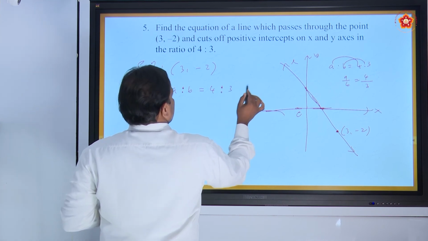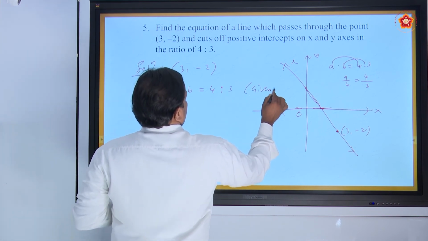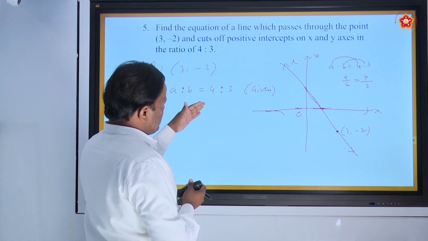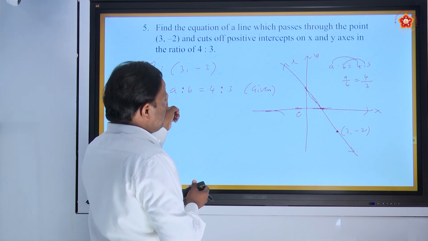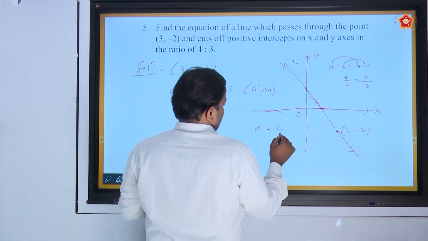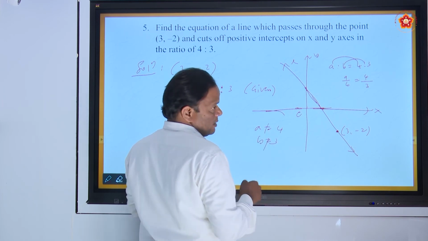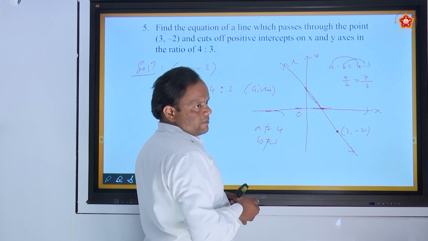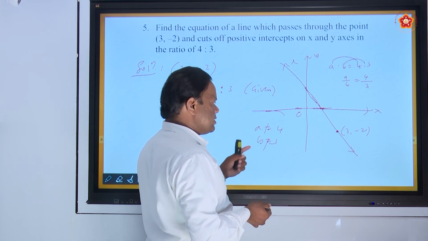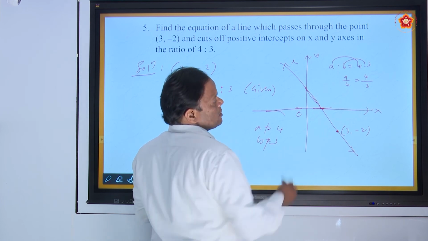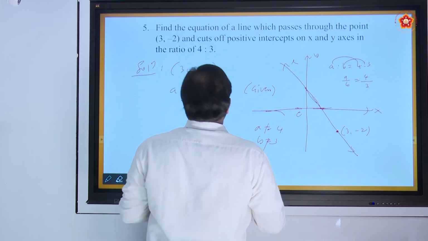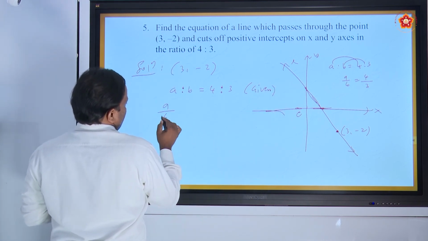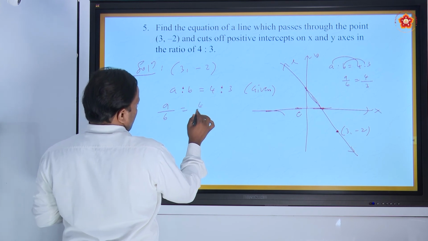Once again, if a is to b equal to 4 is to 3, don't write a equal to 4 and b equal to 3, this is wrong. The ratio is 4 is to 3. If you write that, you could write the equation directly as x by a plus y by b equal to 1, with no need for the point. So the given condition is a by b is equal to 4 by 3.